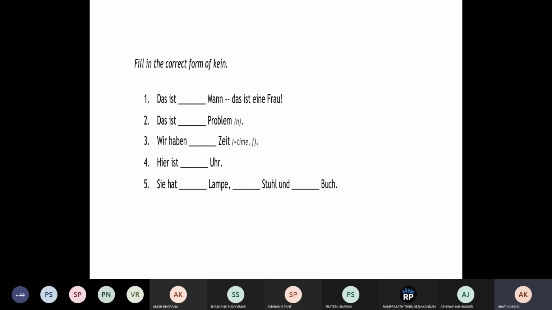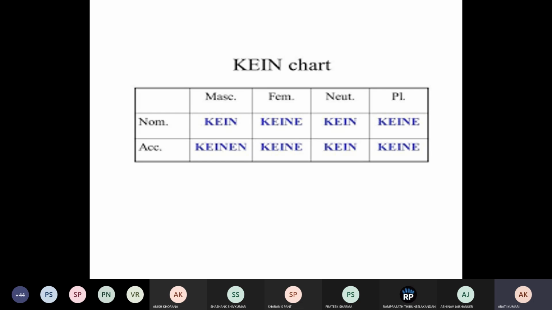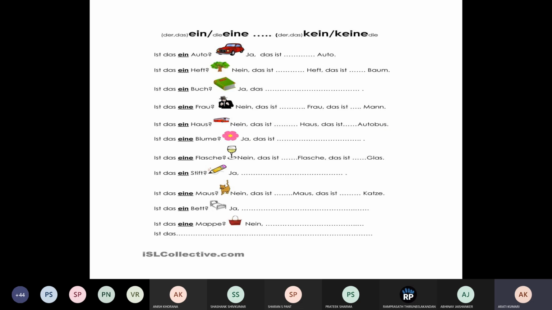Yeah, as you can see here, just I'll show you the table. Accusative. Yeah, what we are dealing with right now is the first one, nominative. This is accusative. Here you have keinen, so this keinen comes here. Rest is same like nominative. Okay, so anyway, we'll learn. Let's practice bit more ein, einer, kein, keiner. So as you can see here, again, whatever we talked about, everything is mentioned in one line up.